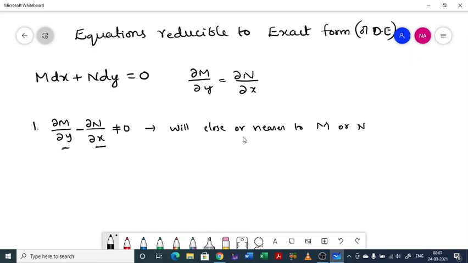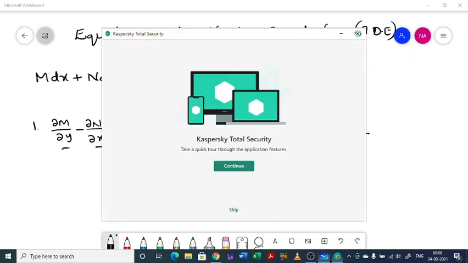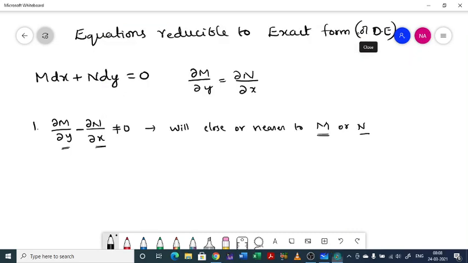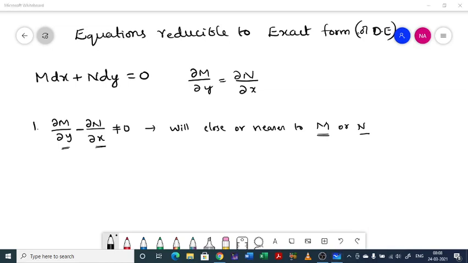By comparing the coefficients or the degrees of x and y appearing in the equation. Comparing with M and N, you have to check which term is close to ∂M/∂y minus ∂N/∂x. Anyway, this difference should be close to one of these two.